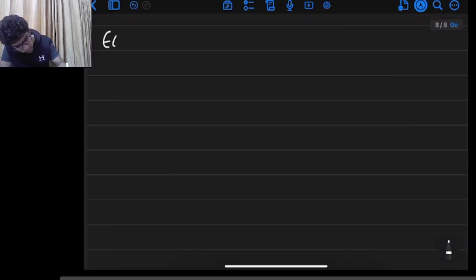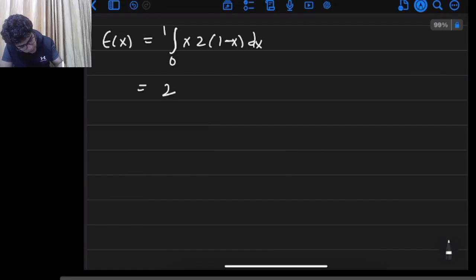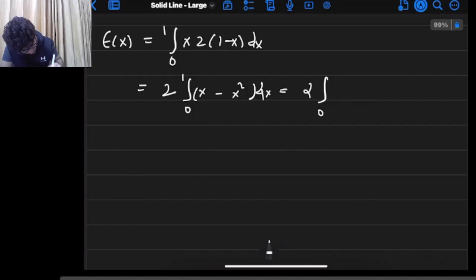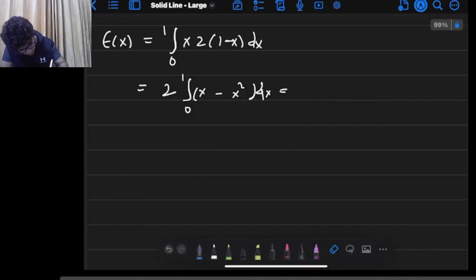So now the formula for the expected value of x becomes x into 2, 1 minus x dx. x lies between 0 and 1, so this gives me 2, 0 to 1, x minus x square dx. This gives me 2 times x square by 2 minus x cube by 3, 0 to 1.